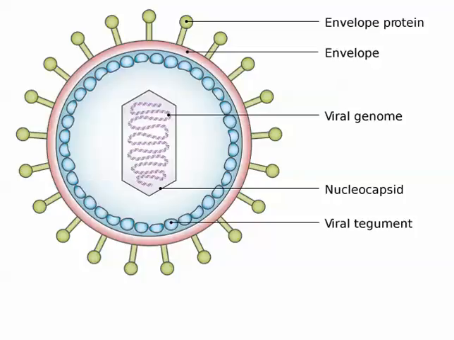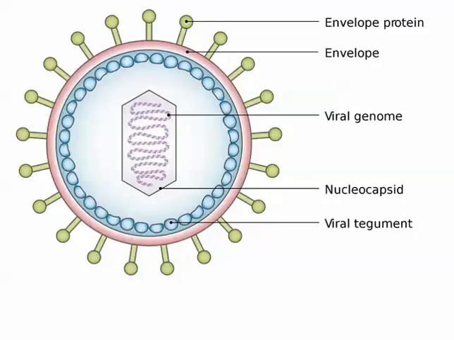Latent membrane protein LMP1 can mimic the signal provided by CD40 from T cells, thus acting as a constitutively active receptor for stimulating expression of the NF-Kb and JAK-STAT signaling pathways. Thus, LMP1 functions as an oncogene.